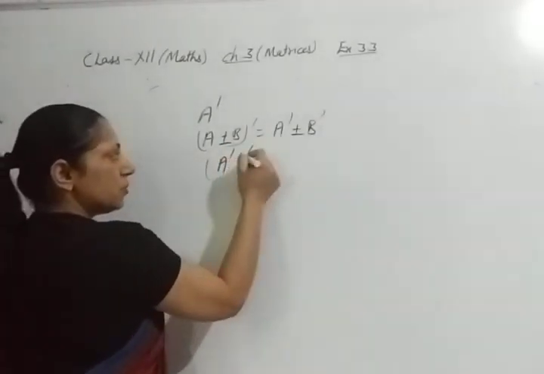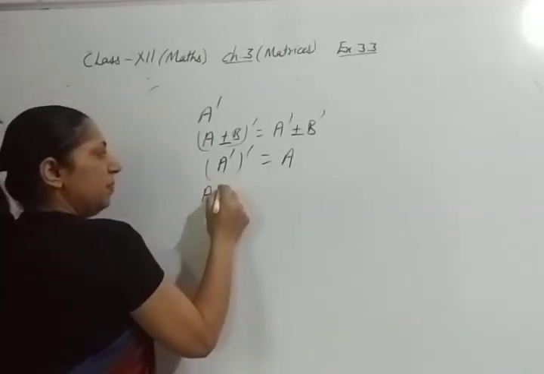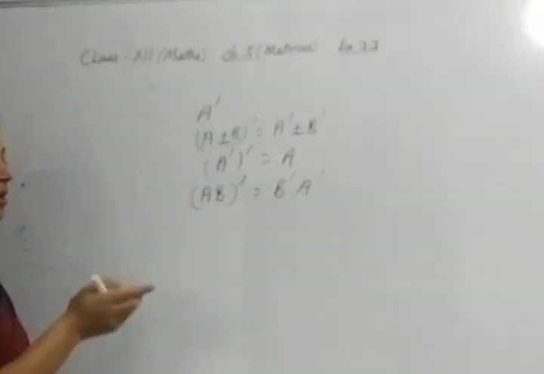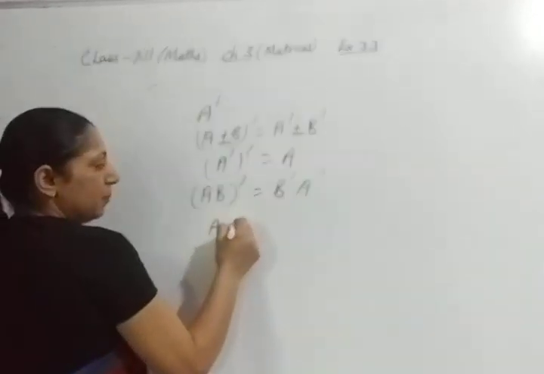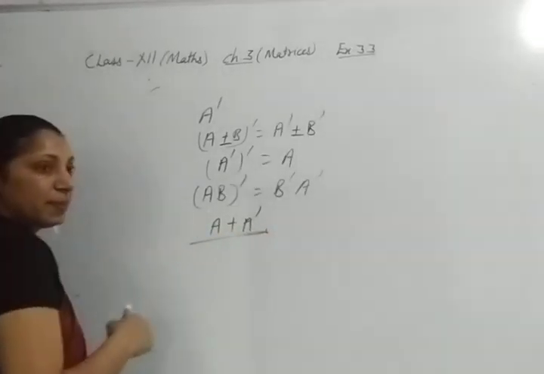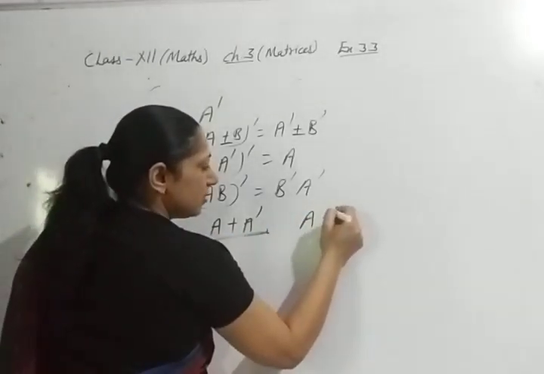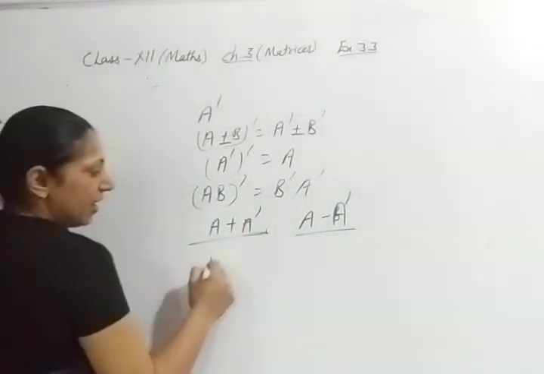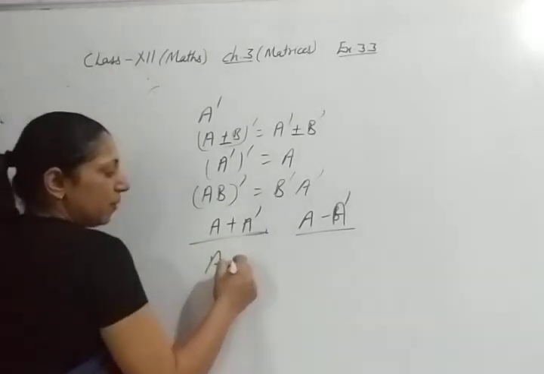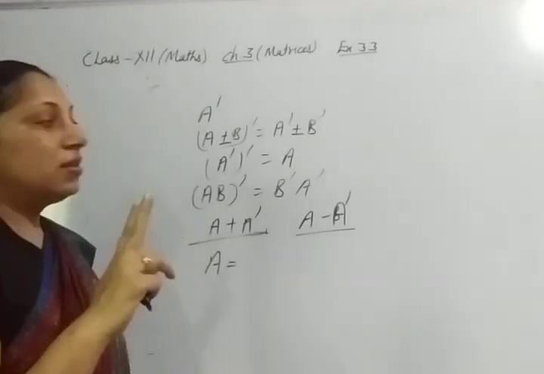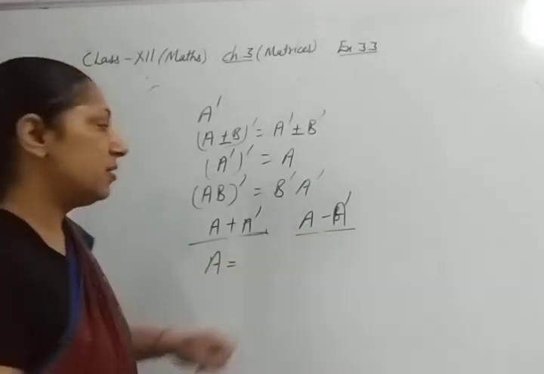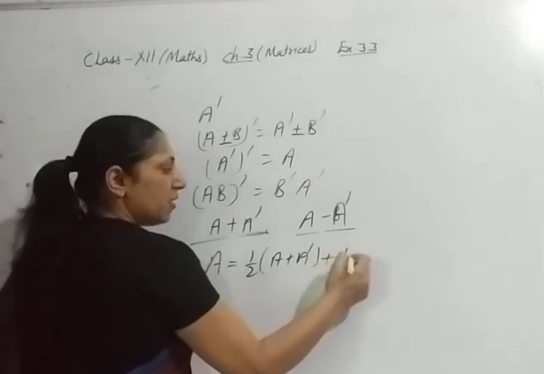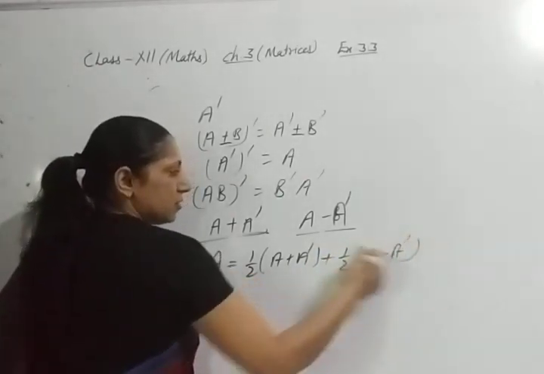A transpose transpose is equal to A, and A B transpose is equal to B transpose A transpose. उसके बाद हमने थ्योरम पढ़ी, A plus A transpose is a symmetric matrix and A minus A transpose is a skew symmetric matrix, and we can write our matrix in the form of the sum of symmetric and skew symmetric matrix. So half of A plus A transpose plus half of A minus A transpose.